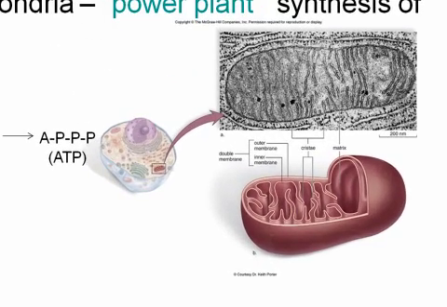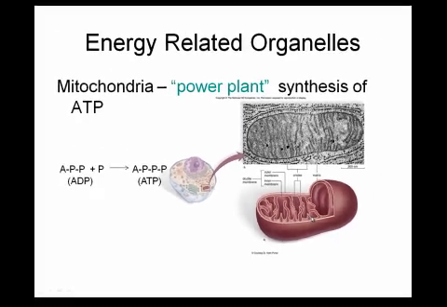If you look at the diagram, they look kind of like little sausages. The mitochondria has two layers of membrane. It has an outer layer, and then the inner membrane of the mitochondria has some folds in it, forms some areas where the enzymes that actually are involved in ATP synthesis are found.